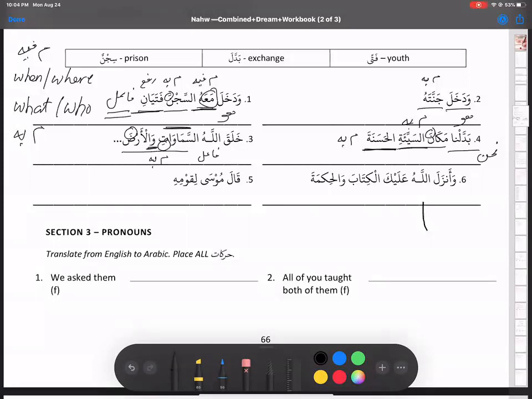Wa anzalallahu alaykal kitaba wal hikmata. So what do you say? Jumla is fa'iliyyah. Anzala fail madi. Anzala is the Aslama family. This fatha should help us know that this is our madi.